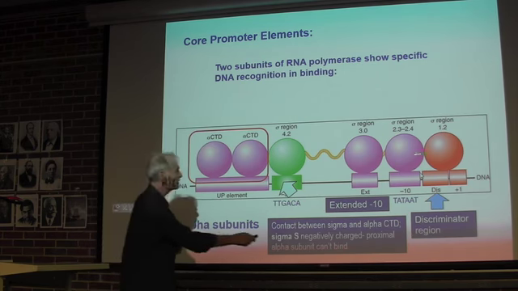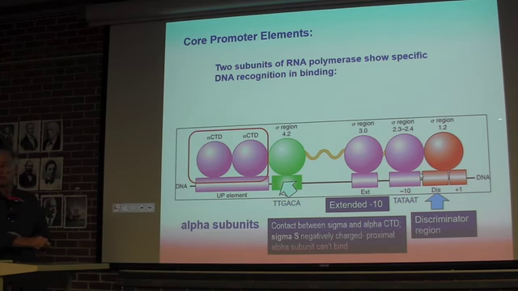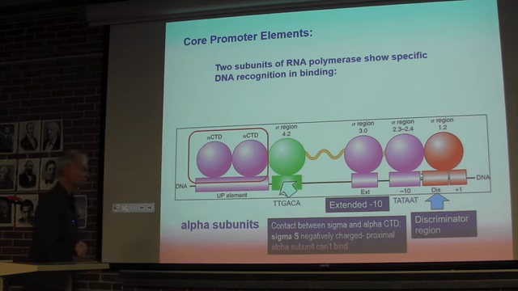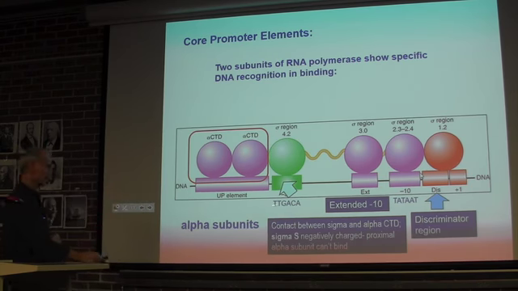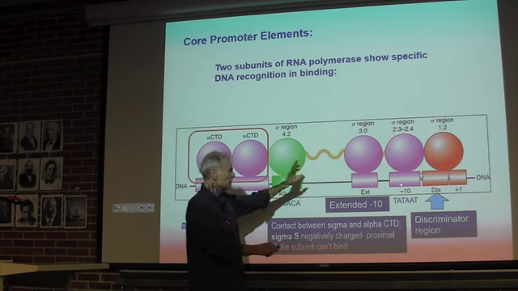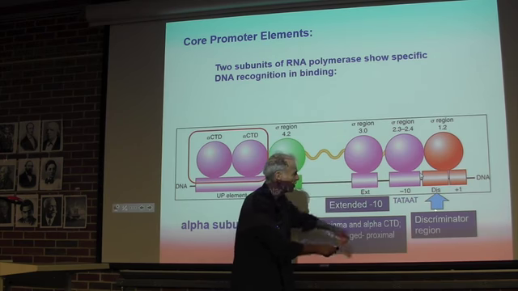And all the other contacts are made with the various domains of sigma. And you will be responsible for all of these domains. So before we leave the promoter, your UP element, the minus 35, the minus 10, and there are a couple of other regions that are important.